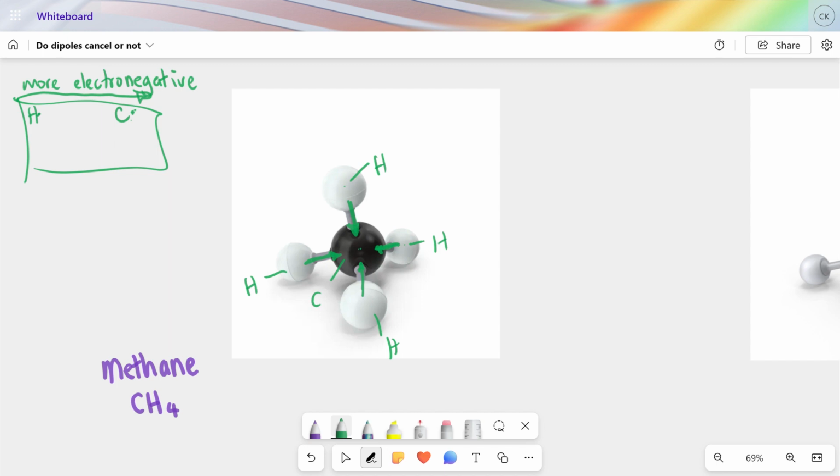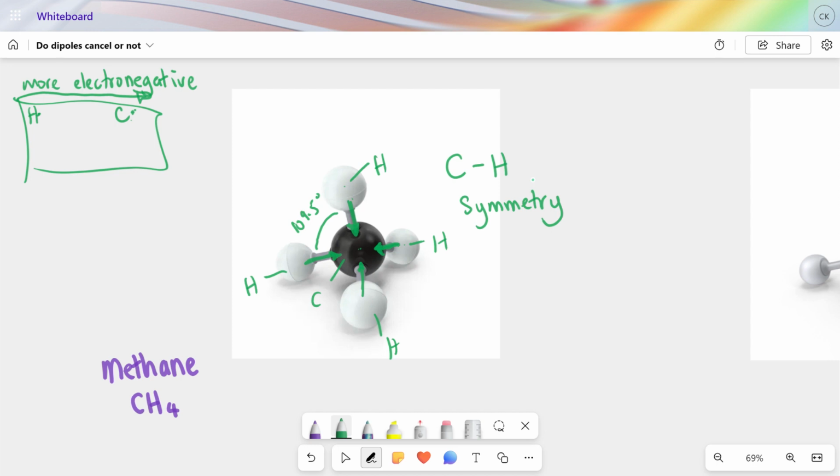And so the angle between this bond and this bond is 109.5 degrees, and each dipole is equal in size and in direction because all of the bonds are carbon to hydrogen bonds. So therefore there is symmetry.